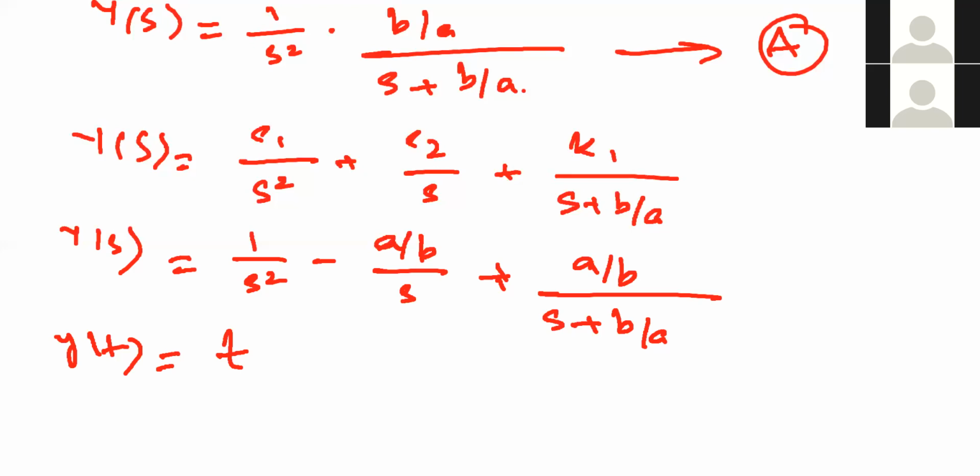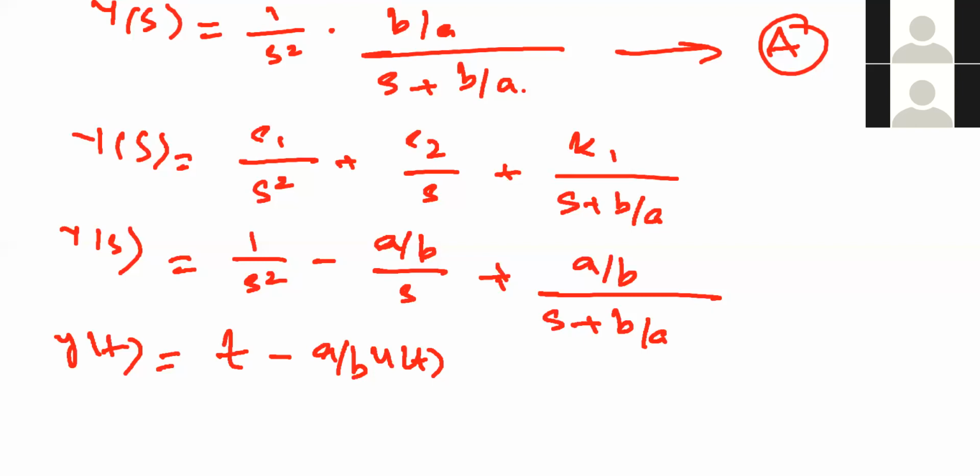This will be equal to the unit step function, minus a by b times the unit step function, plus u(t) with the delay in the frequency or s domain, which will be represented by the exponential function with the unit step function.